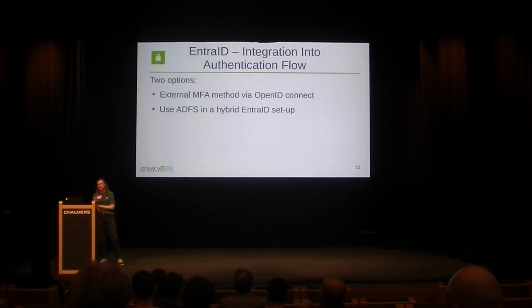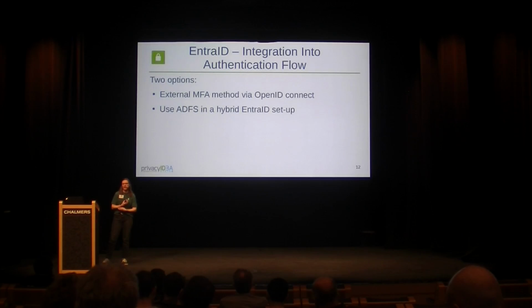Okay, so coming to the integration into the authentication flow, this highly depends on the possibilities that Entra ID gives us to get into it, and what they recently introduced is something they call external MFA method using the OpenID Connect protocol. We also identified a second option.